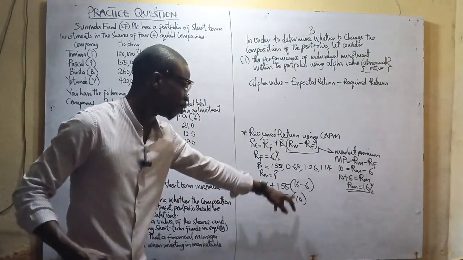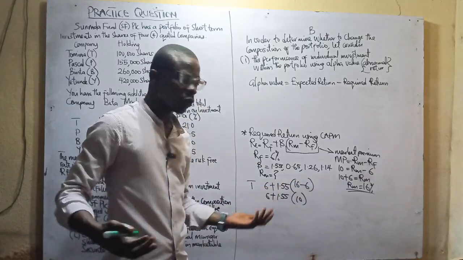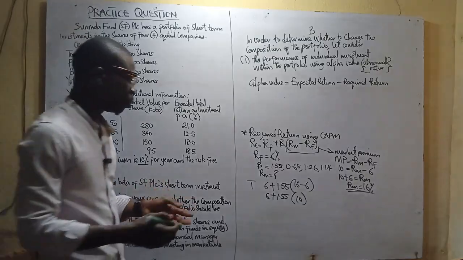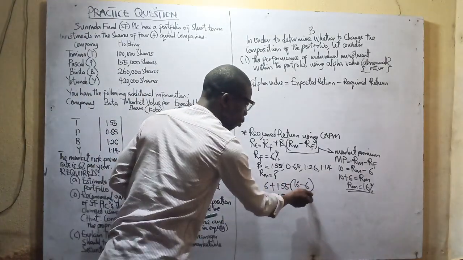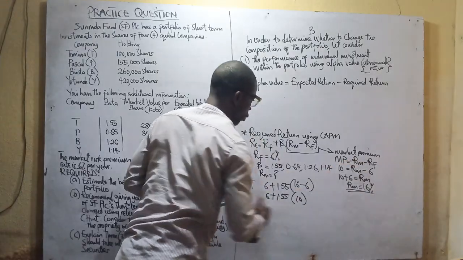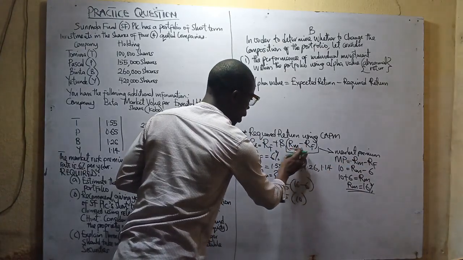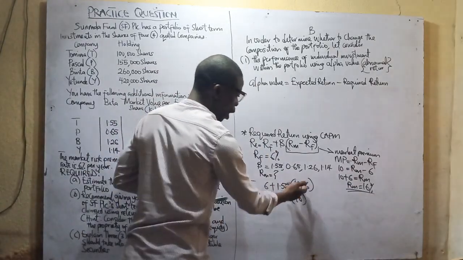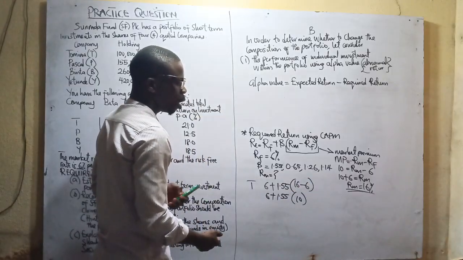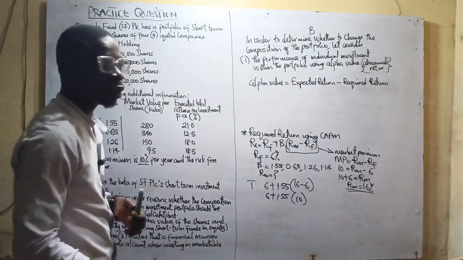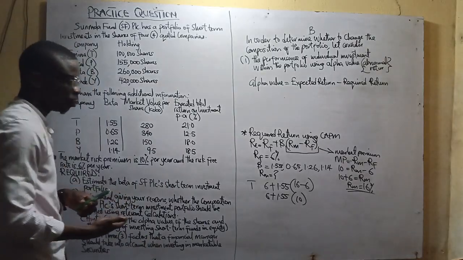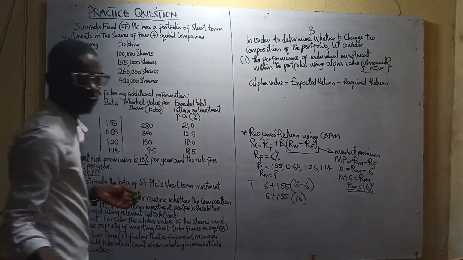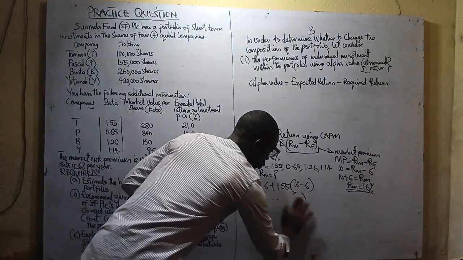You can just write 10% because 16 minus 6 will give us 10. So you may decide to calculate your market return, your Rm, which is 16, and subtract your risk-free rate, which is 6%, or you can just decide to write 10%. It depends on how you want it.